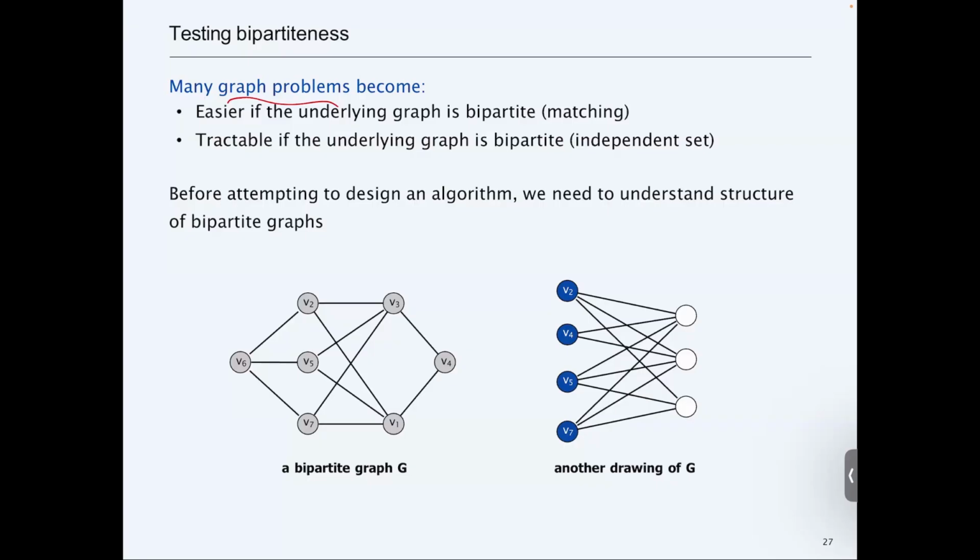There are going to be optimization problems that we're going to see later in the semester, and we've already seen, like the independent set problem, where the bipartite version is dramatically easier than the general version of the problem. So think about what an algorithm might be for finding the largest independent set.